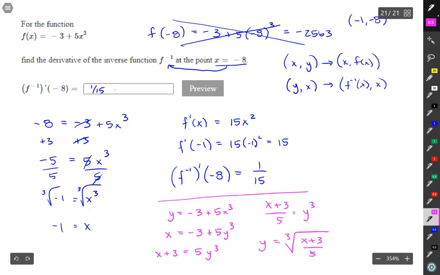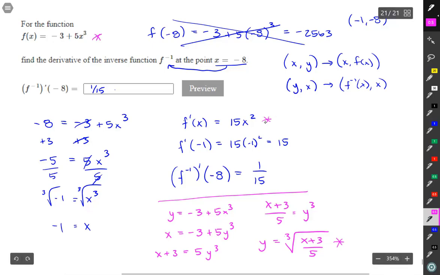Now, if I'm going to find a derivative, a slope of the graph at a particular point, I need to get the derivative function, so I need to differentiate this, and then when I work that out and evaluate at negative 8, I'm going to come up with 1/15 directly. But you have to admit that this function is a little bit more difficult to differentiate than the original, which was up here.